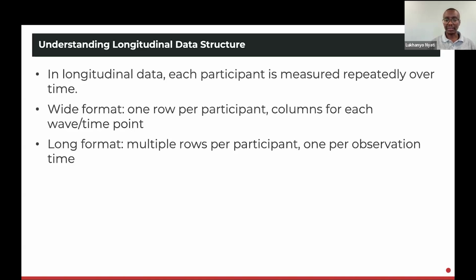Now, just to look at the structure of longitudinal data. Data can be presented in different ways. If you collect data, and I'm going to use the example of spreadsheets, you've got multiple data sheets, for example, for wave 1, wave 2, wave 3.